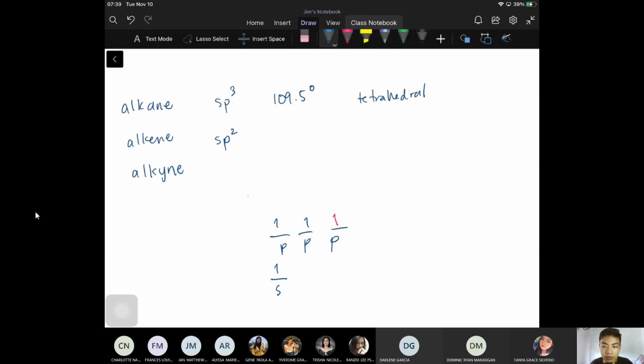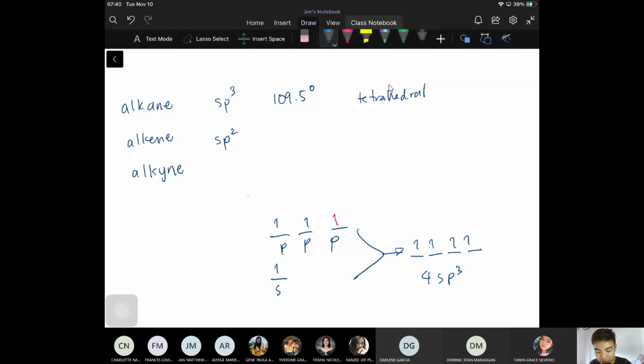Kapag ang carbon mo can form 4 bonds, ibig sabihin yan, lahat ng orbital na yan, yung isang s electron and yung tatlong p electrons, lahat yan ginamit niya to form the 4 sp3 orbitals. Kaya may 4 na single bonds siyang kayang gawin. Okay, so yun yung true for alkanes. At kapag 4 yung bonds na kaya niya gawin, 109.5 degrees ang angle of separation of all those bonding groups, forming a geometry of a tetrahedral shape.